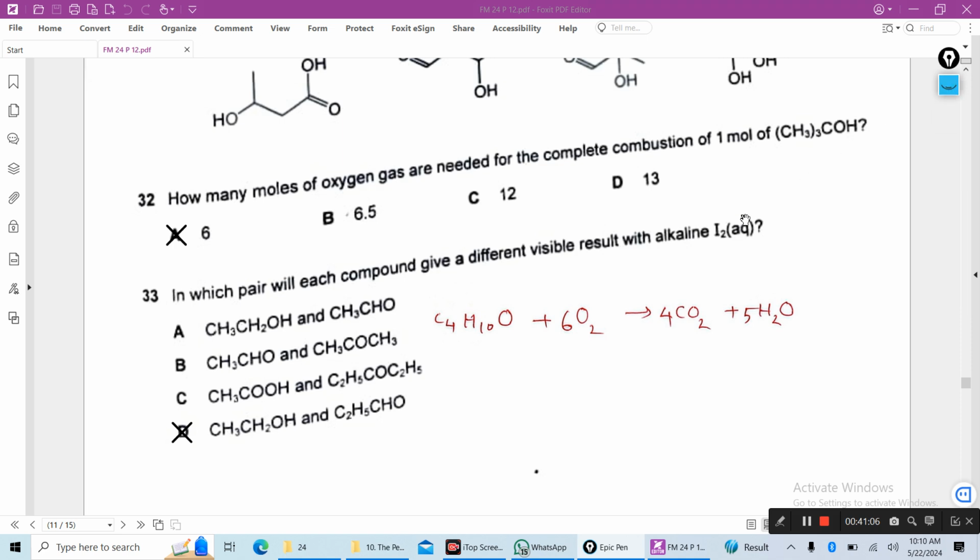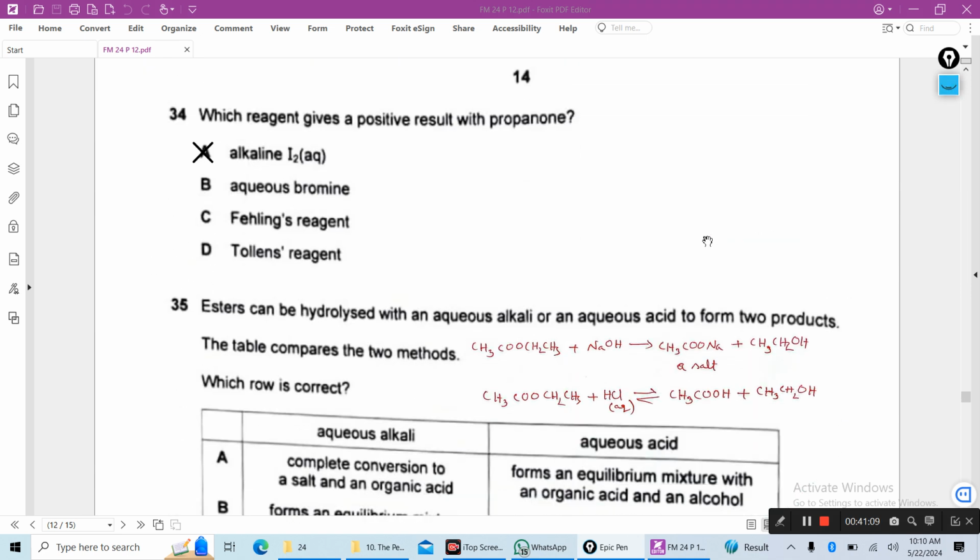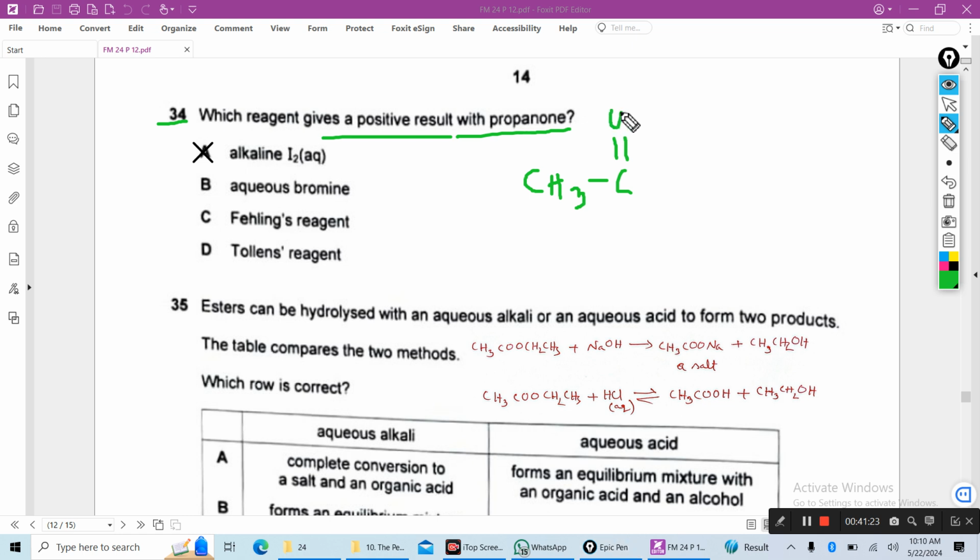Next, which reagent gives a positive result with propanone? Propanone means methyl ketone. Methyl ketone gives the iodoform test, meaning alkaline iodine solution gives a yellow precipitate of iodoform, CHI3.